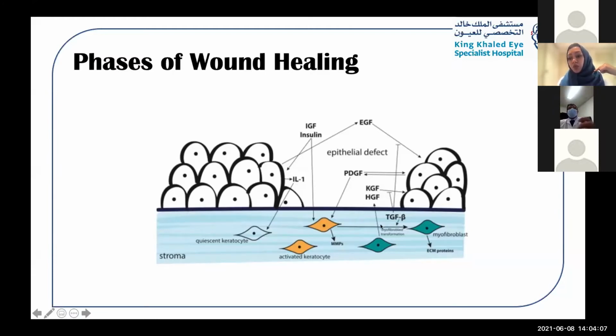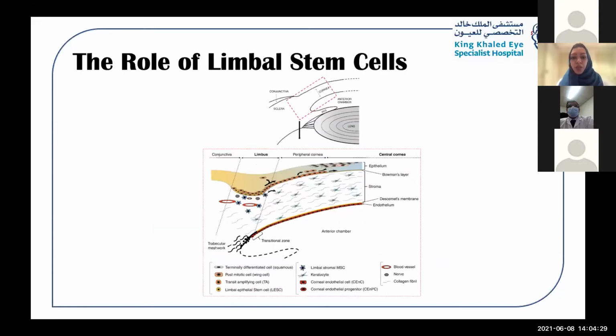Also, transforming growth factor beta activates the myofibroblasts, which are responsible for the extracellular matrix production and the fibrosis and all of these components of the healing. Other factors like epithelial growth factor and insulin growth factor promote the epithelial cell proliferation and differentiation.